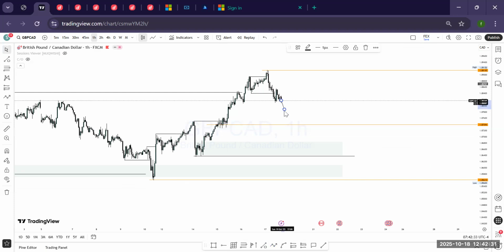If not, this can become a liquidity sweep if there's another BOS, and price will now go up, because price is coming into a demand zone here after sweeping liquidity.